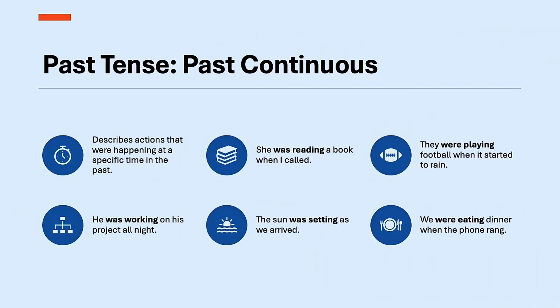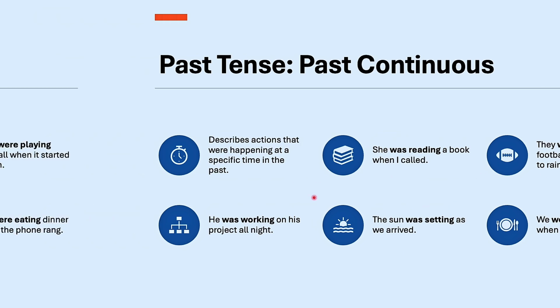Past continuous describes actions that were happening at a specific time in the past. She was reading a book when I called. They were playing football when it started to rain.